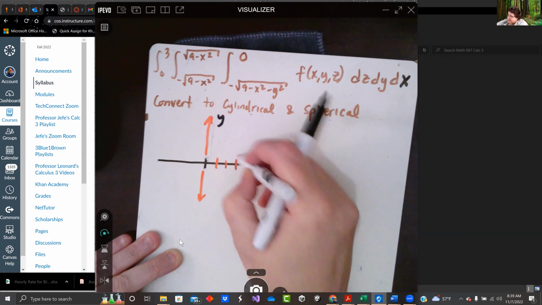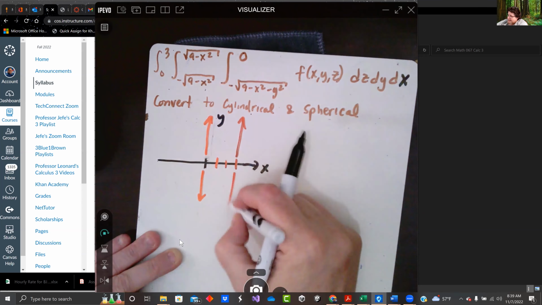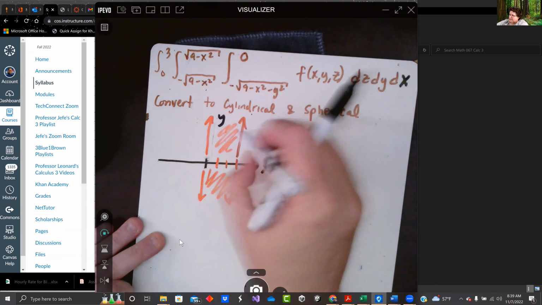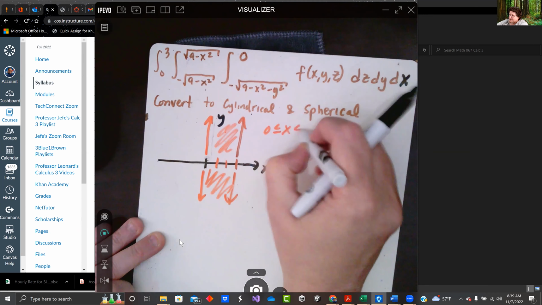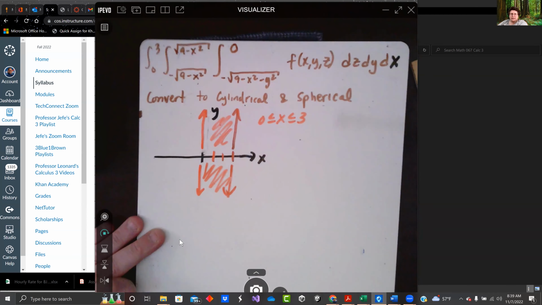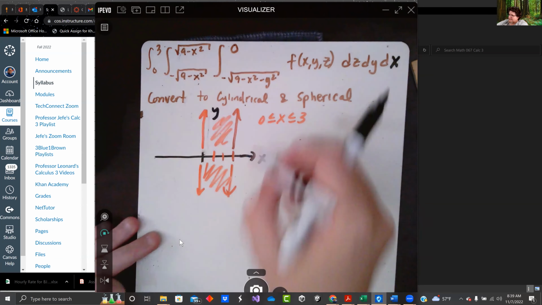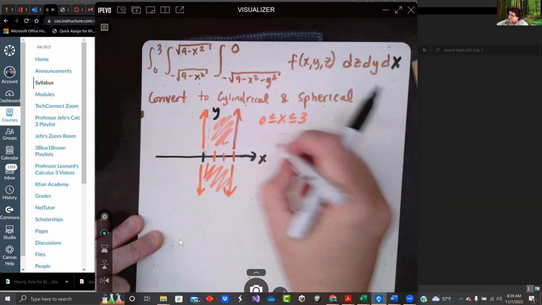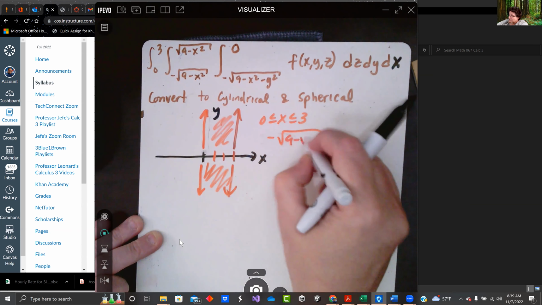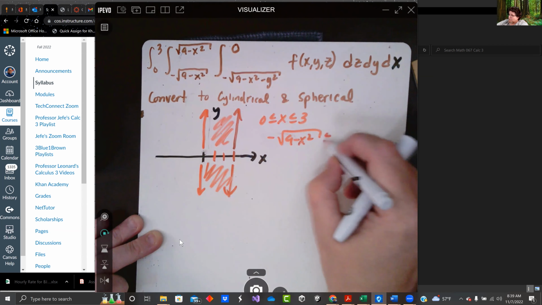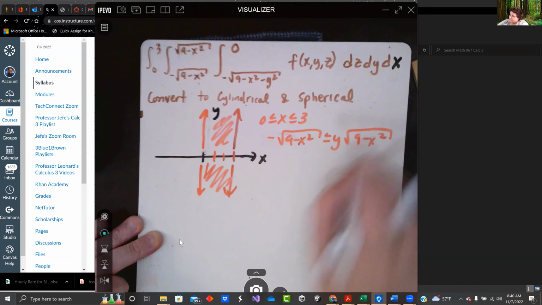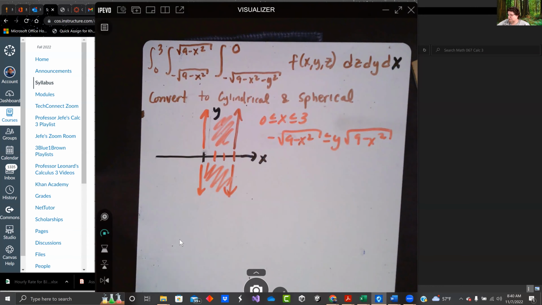I'm in this region, so that covers 0 ≤ x ≤ 3. And now I need to address negative square root of 9 minus x squared ≤ y ≤ square root of 9 minus x squared. I'll use a different color for that. I'll do this in blue.